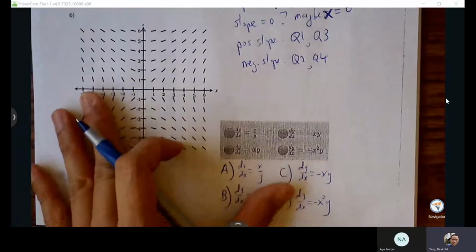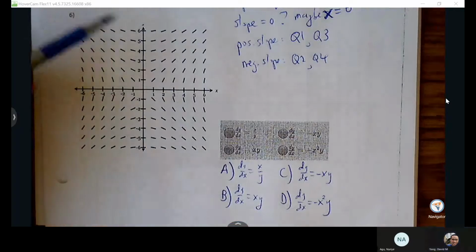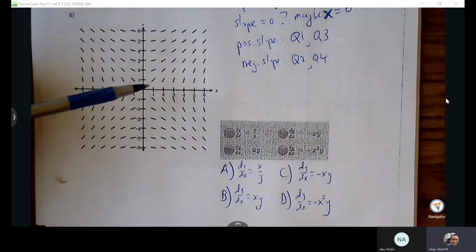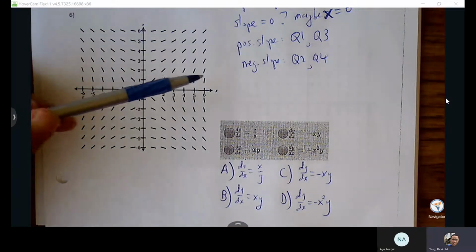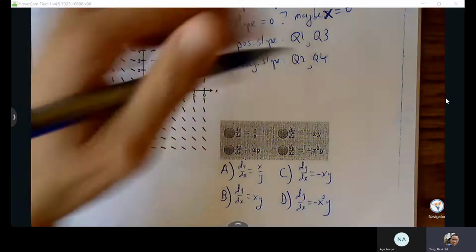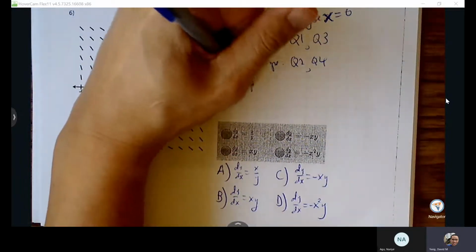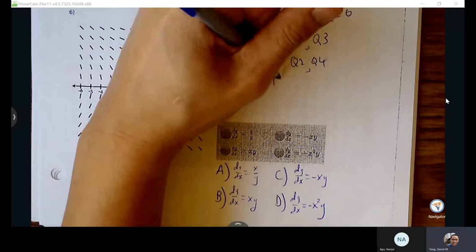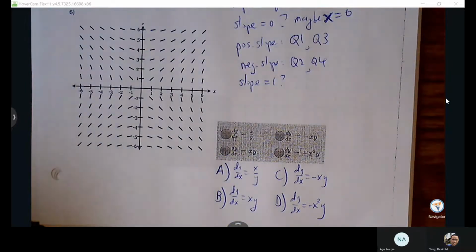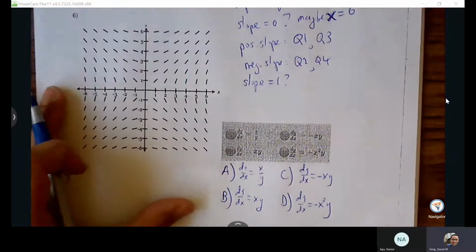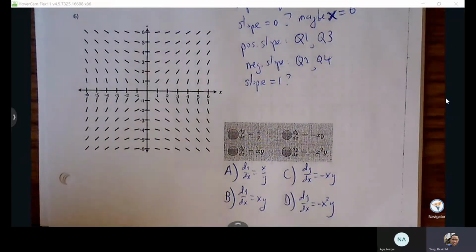Now, there are 2 other things that we could look for because it's tough to tell slope of 2 or slope of 5 or slope of 6, but sometimes it's easy to tell slope of 1. Do you know what I mean? Do you see a collection of slope 1s on this graph?